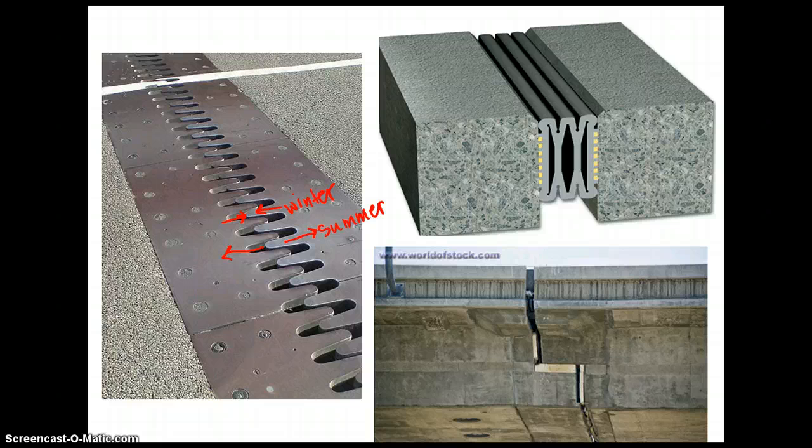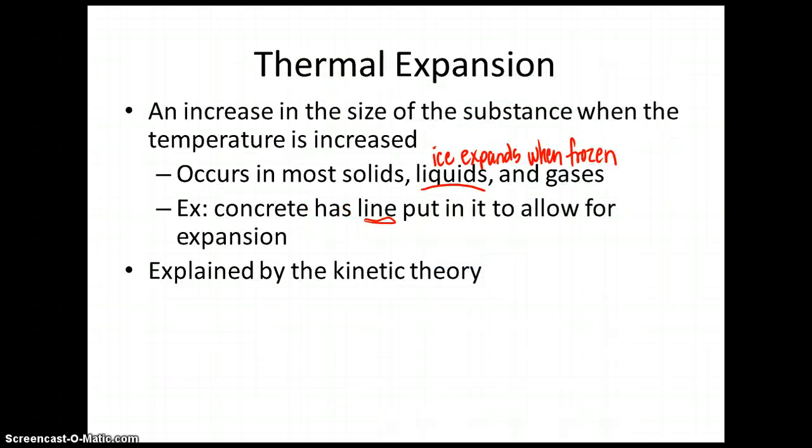If we did not have these special lines put into our bridges, they would collapse because they would crack and break and basically fall apart. These allow for the road to expand and contract whenever we go through different months of summer and of winter. So let's go back and look at the couple things then.